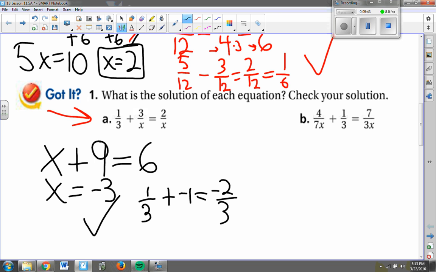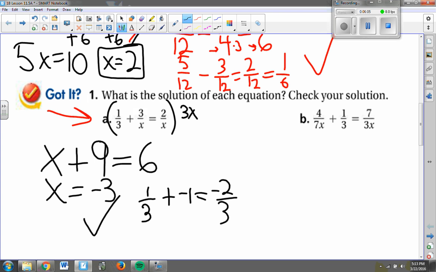Yes, that works just fine. The denominator that we should have multiplied by is 3x. We should multiply by 3x. That would be the goal. Not 3x squared. You don't need to, even though two of them do have an x. You can just do 1x because none of those denominators, I should say, have an x squared in them.